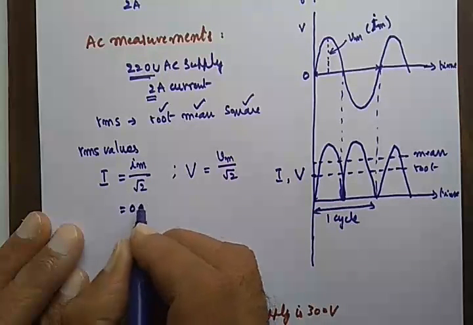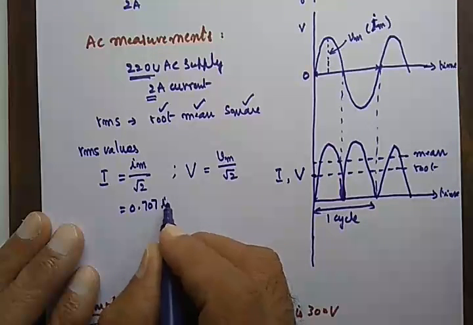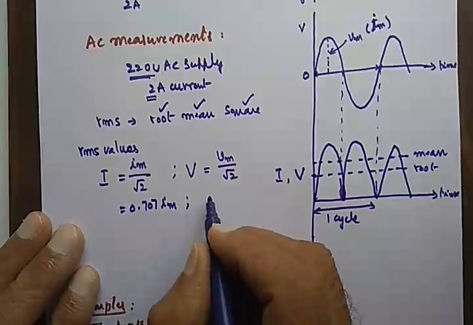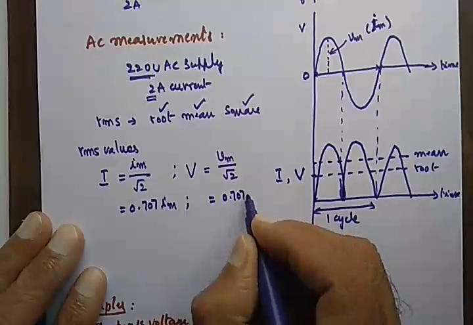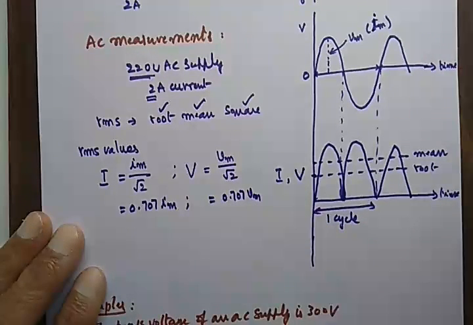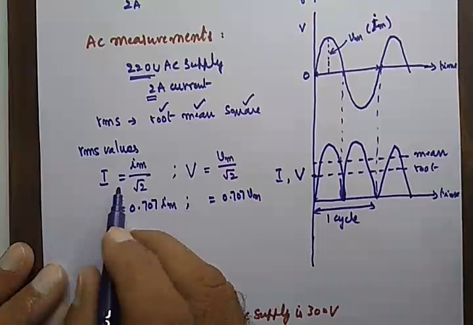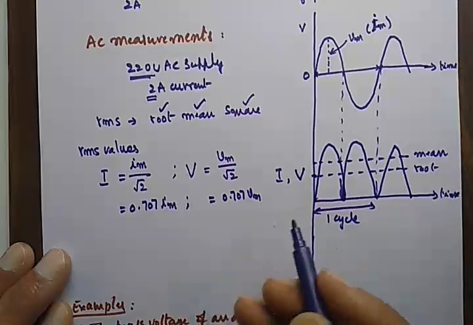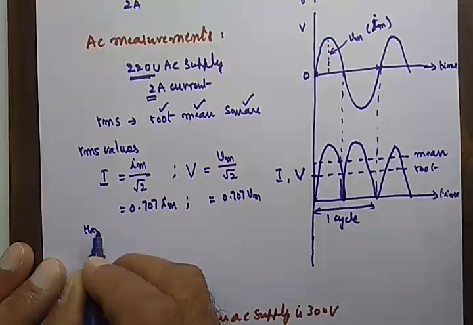This is I equals 0.707 IM, and V equals 0.707 VM. Suppose the RMS values are known, we can calculate the maximum values.